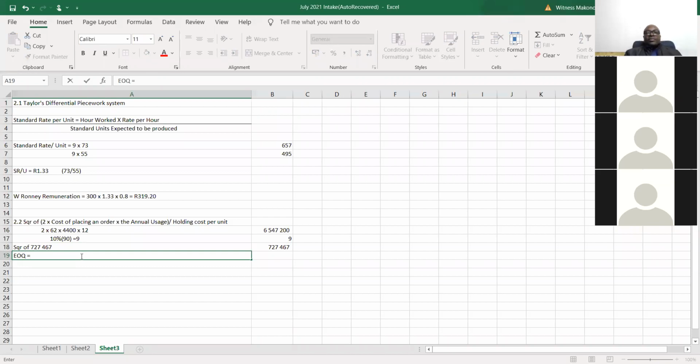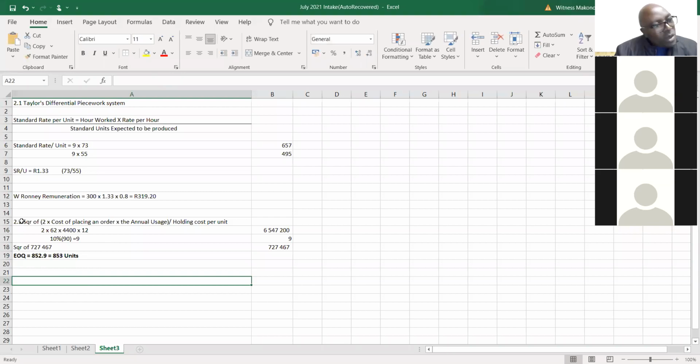Let's find it with a calculator. It is 852.9, which is rounded off to 853. 853 units. Okay, that is our answer. That is the economic order quantity.